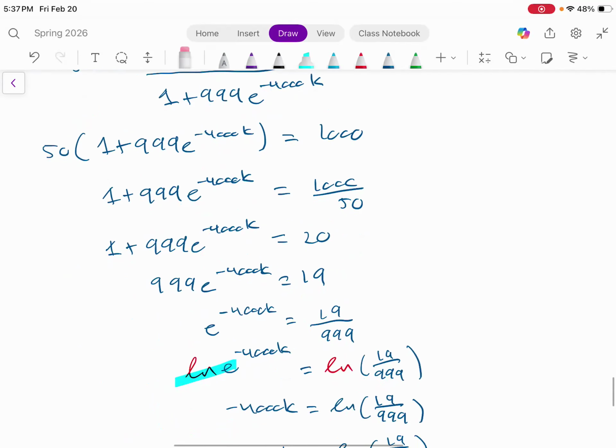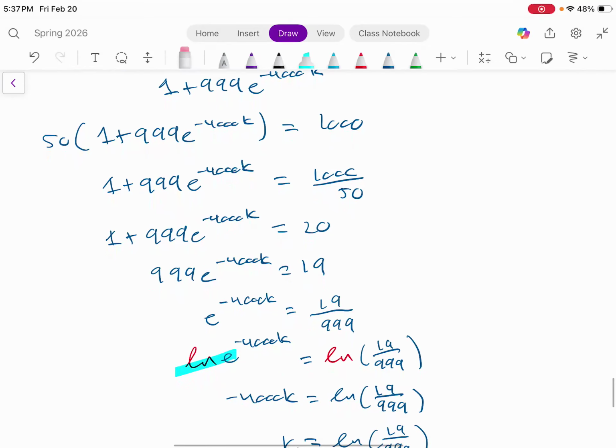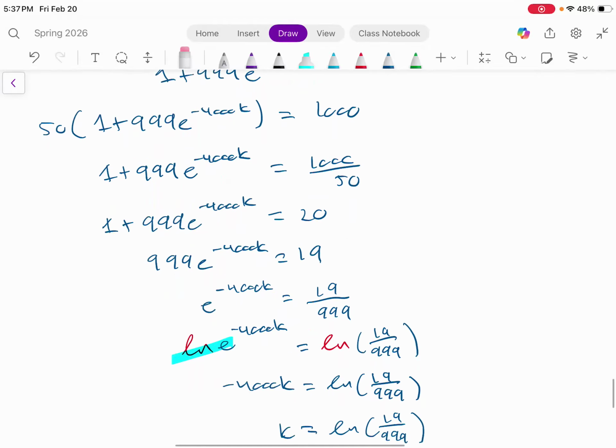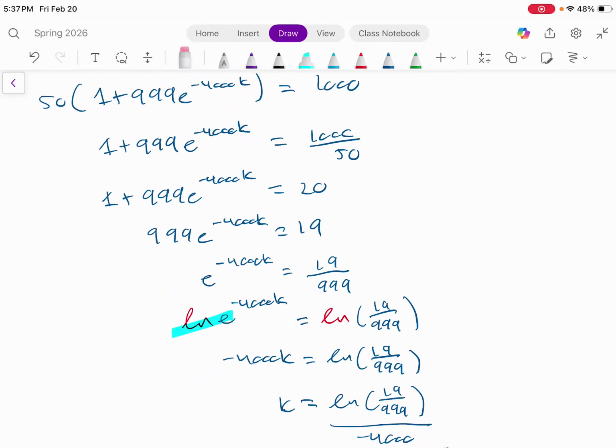That became 20 on the right-hand side. Then we subtracted 1 from both sides to get 19 divided by 999.